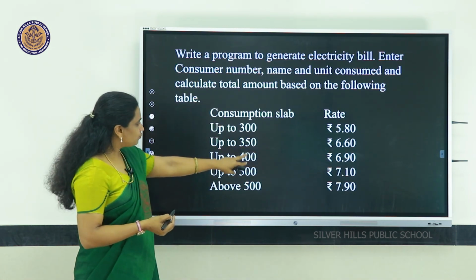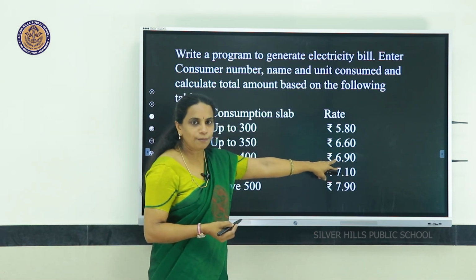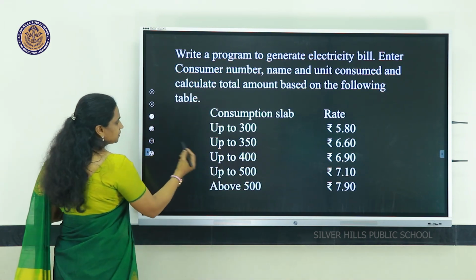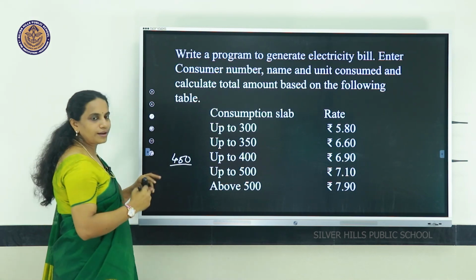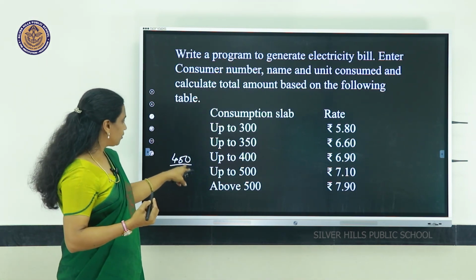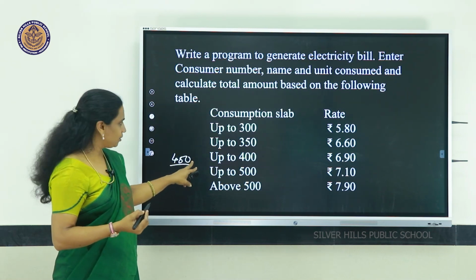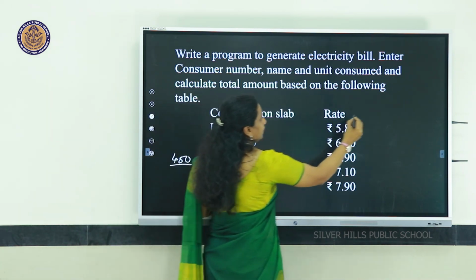And if it is up to 400, the rate is 6.90 per unit. That means suppose my consumption is 450 unit in 1 month, or in a particular month I have used 450 unit. How is the electricity bill calculated? Now up to 300 unit, what is the bill?